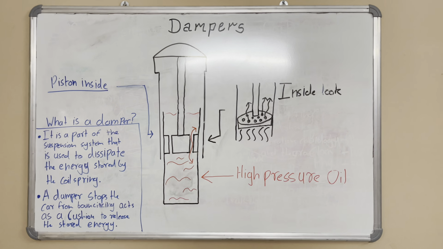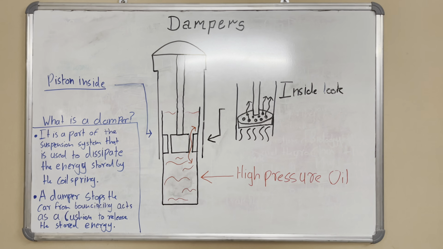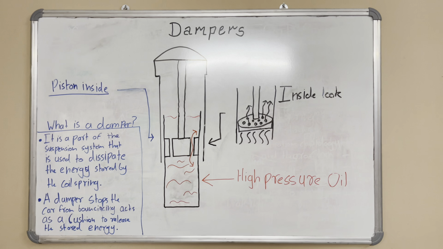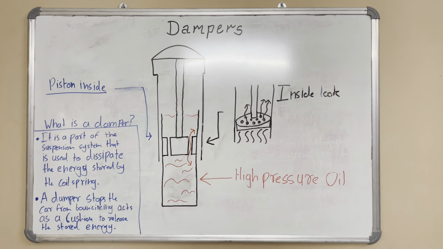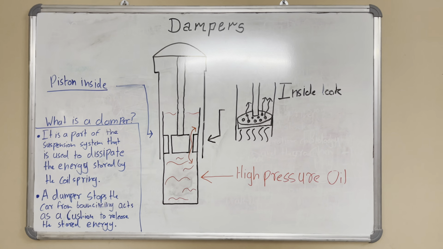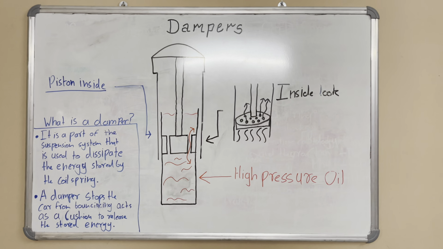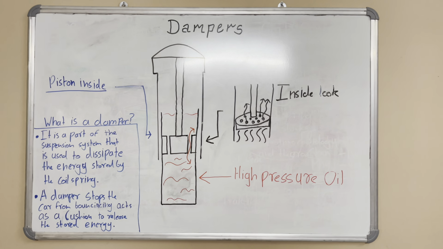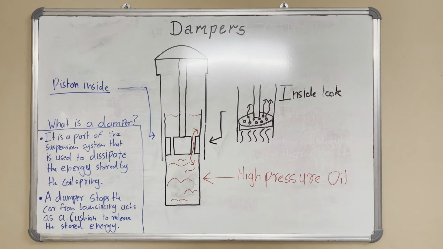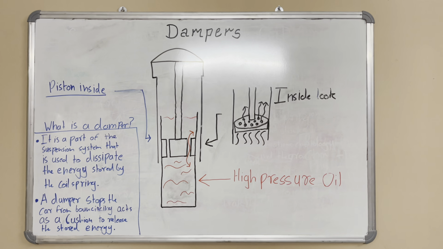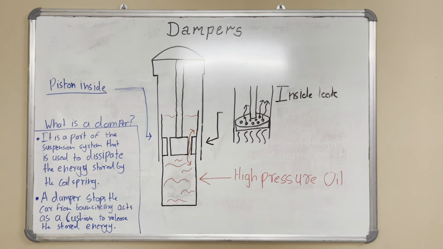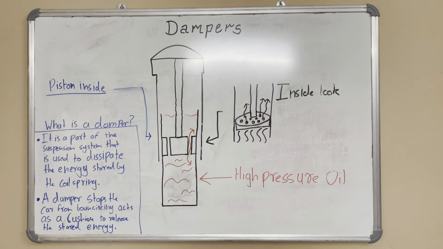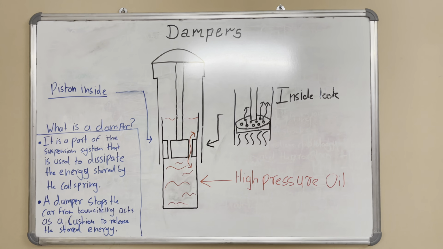It's not always a hydraulic fluid. In some suspension systems, there's also gases that are used. So it basically allows the hydraulic fluid to flow past it, but it has a lot of resistance, so it does it steadily, and it releases the energy in a slower but steady manner. So that is how the dampers and the coil spring work.